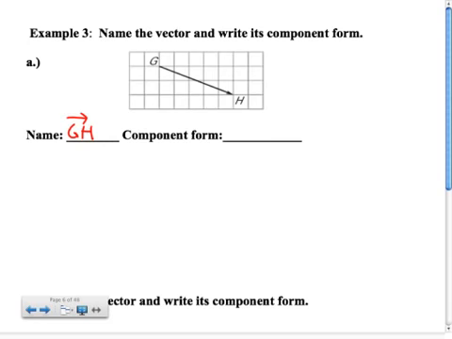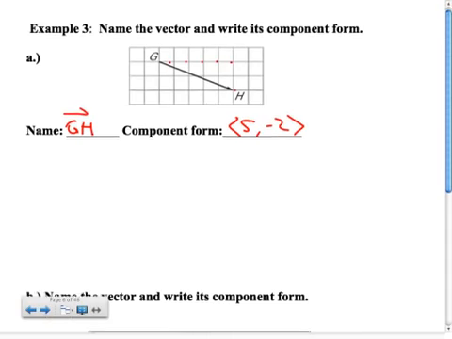Okay, I made a mistake there. So for a vector, we're going to have GH, and we're just going to do this, just the top arrow. That tells me it's a vector. Component form, horizontal, right? So I got to go right, 1, 2, 3, 4, 5, right 5, down 1, 2. That would be the component form of the vector.